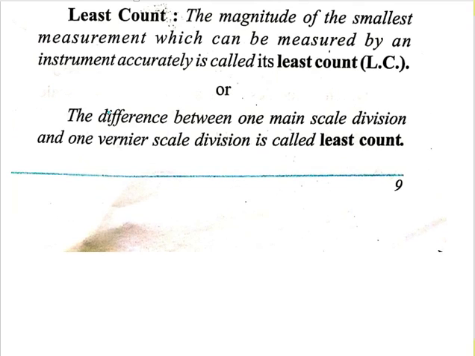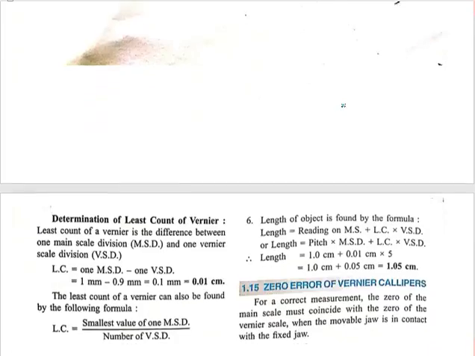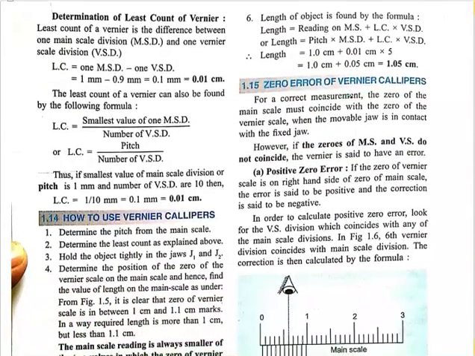You can use any one of the two definitions, and the difference between one main scale division and one vernier scale division is also least count. So we can say that the proper definition is that it is the difference between one main scale division and one vernier scale division, that will be our least count.